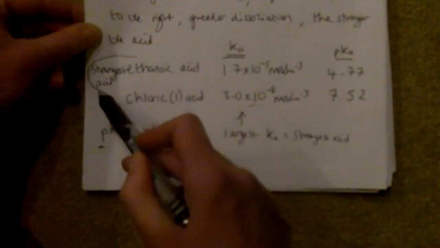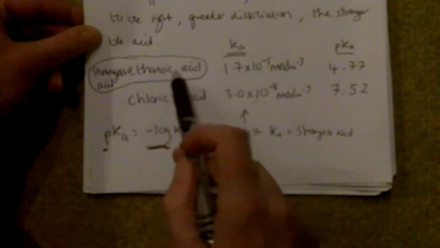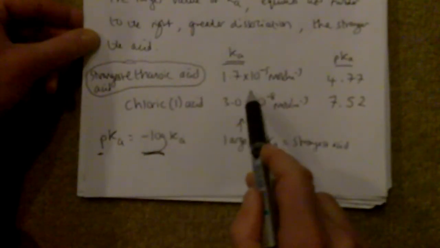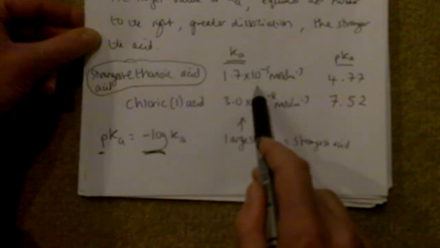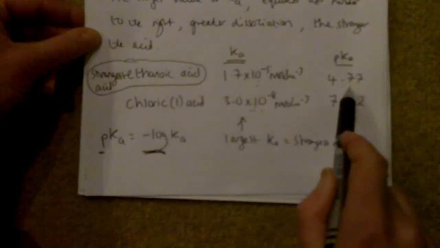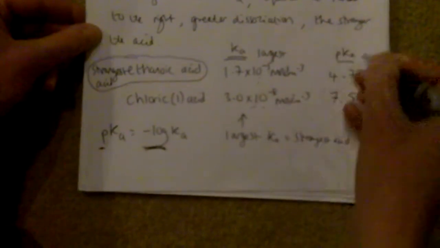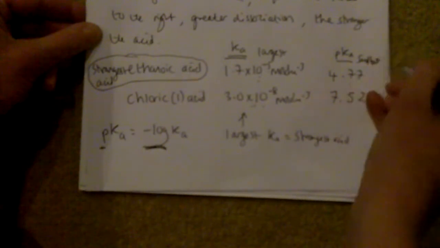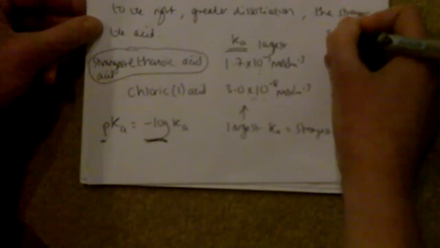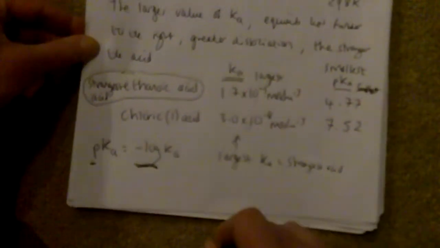Okay, so the strongest acid, not strong, they're both weak, but the strongest of these two is ethanoic acid, because it has the largest Ka and the smallest pKa.